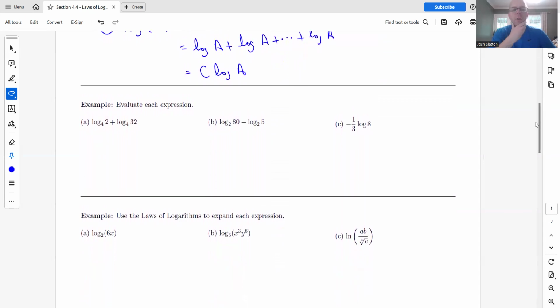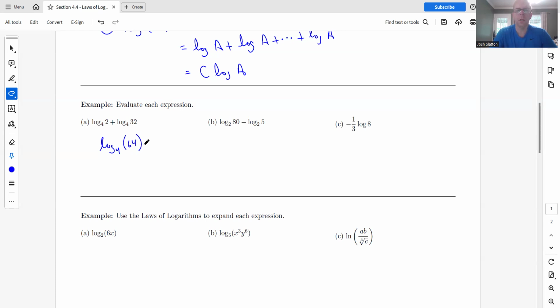So evaluate each expression. We have log base 4 of 2 plus log base 4 of 32. So we can use property 1, and 2 times 32 is 64. And now evaluate this based on how we learned to do this in the last section.